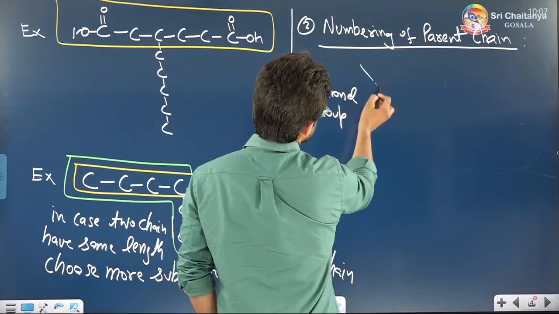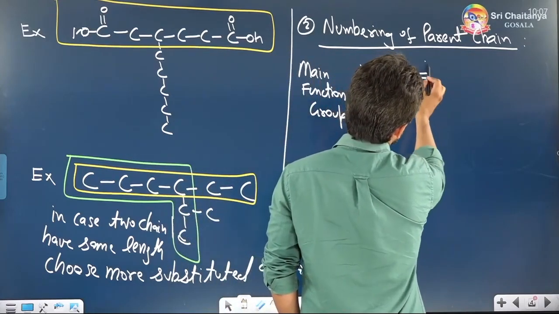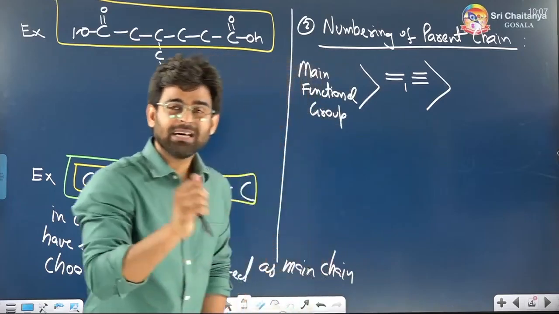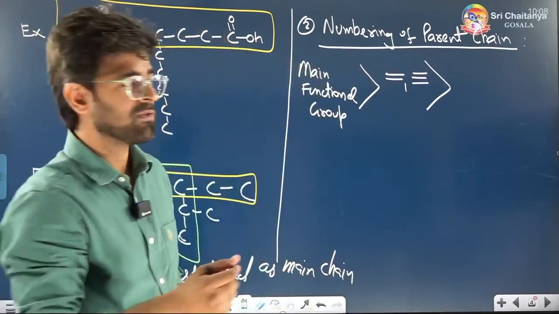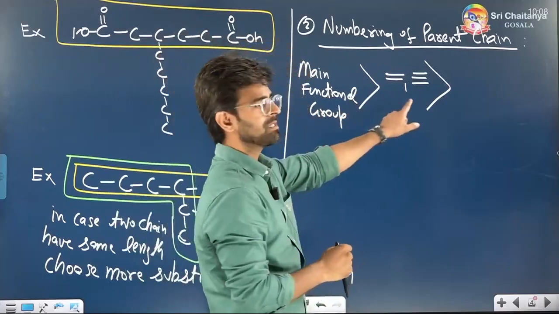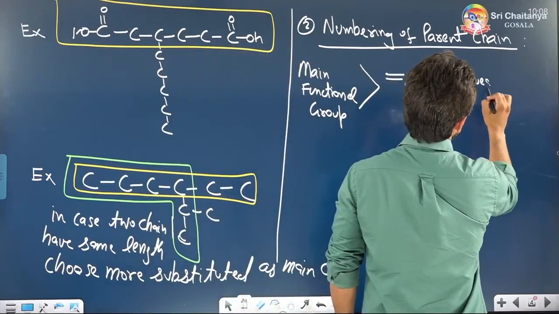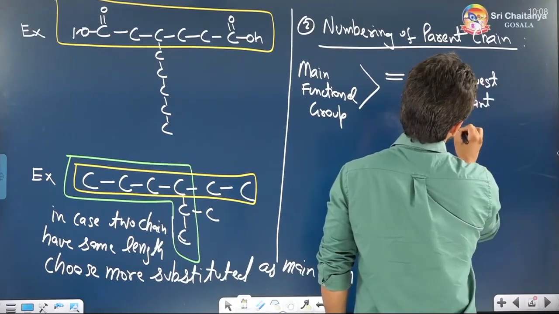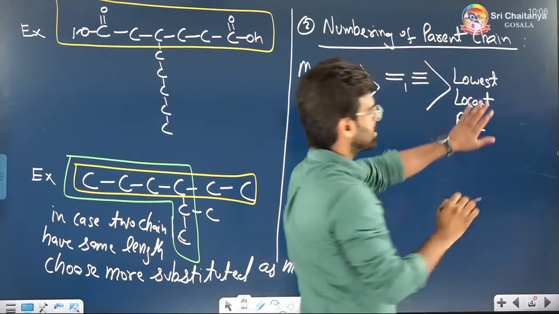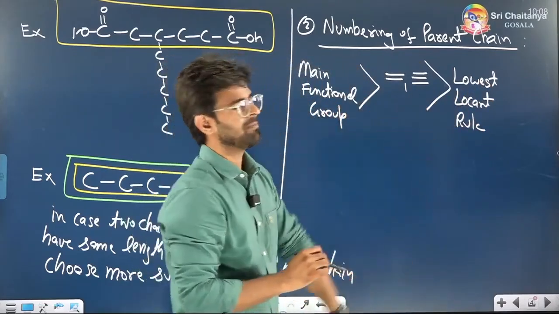Next thing, we will choose pi bond importance. Now, from which end do we have to do the numbering? We will do the numbering of the parent chain by these rules: main functional group, pi bond, and then, very important, the lowest locant rule. But remember, functional group is more important, and then pi bond.